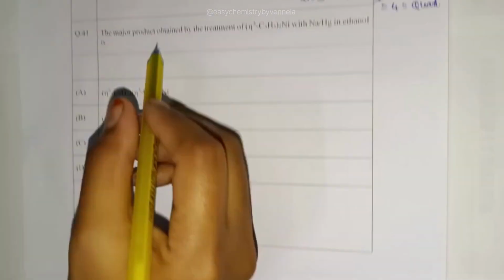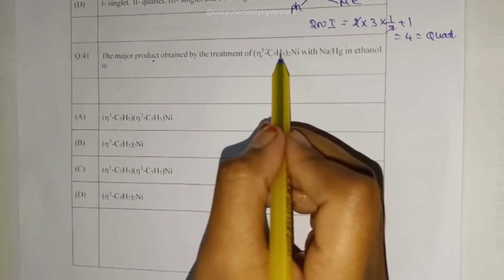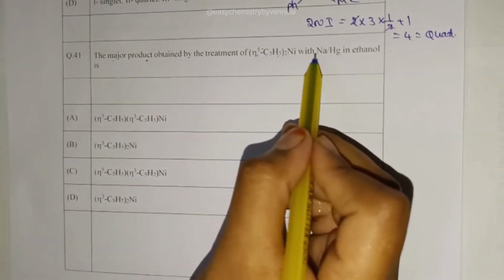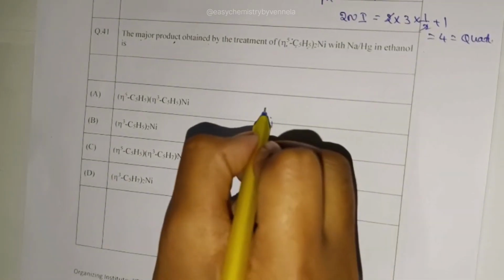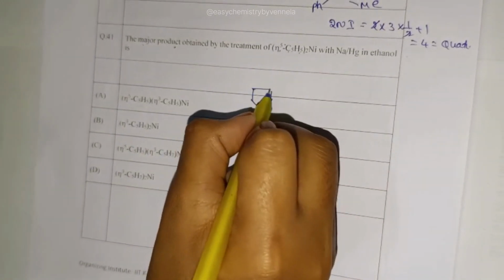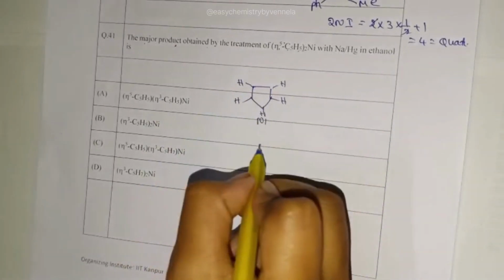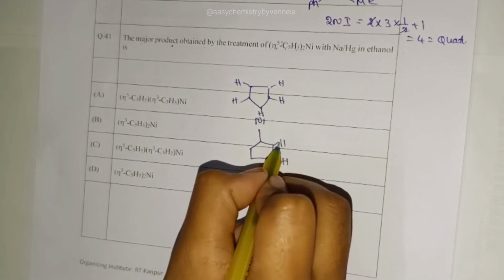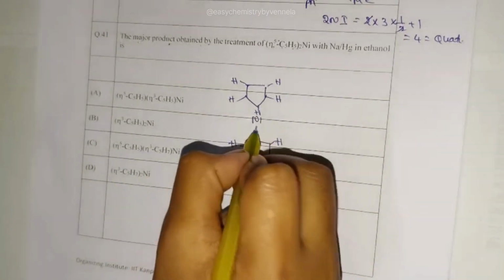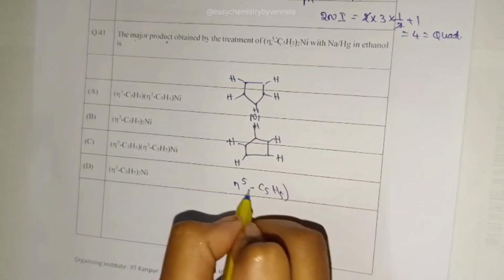Next question. The major product obtained by the treatment of eta 5 C5H5 taken 2 times nickel with sodium and mercury in ethanol is. Here first nickel, this is eta 5 C5H5 2.